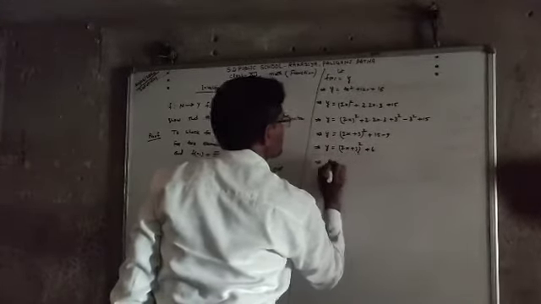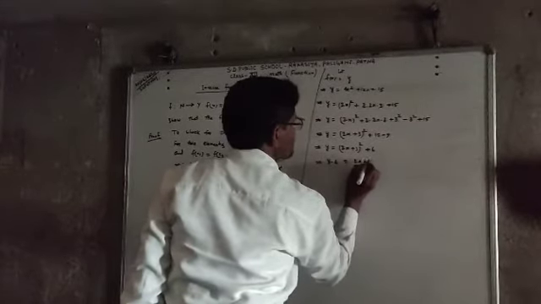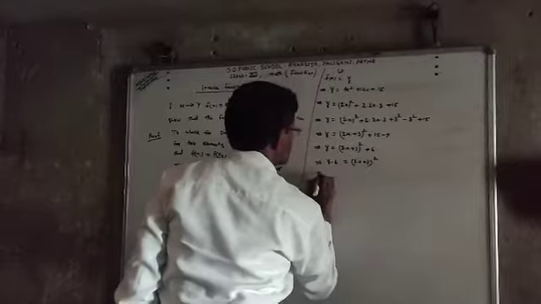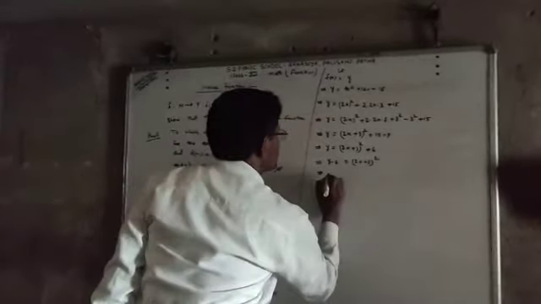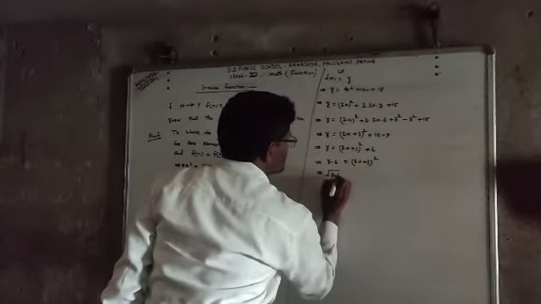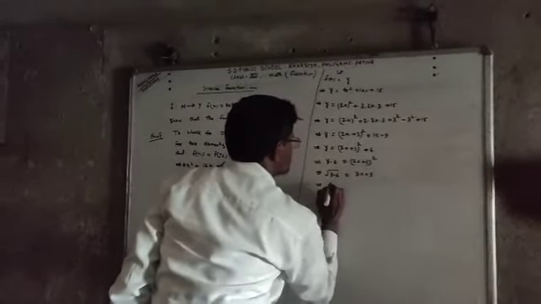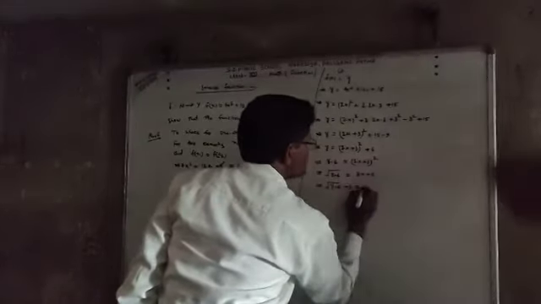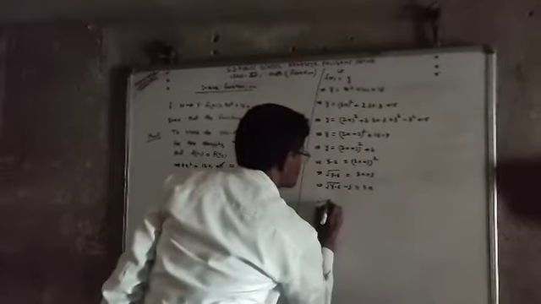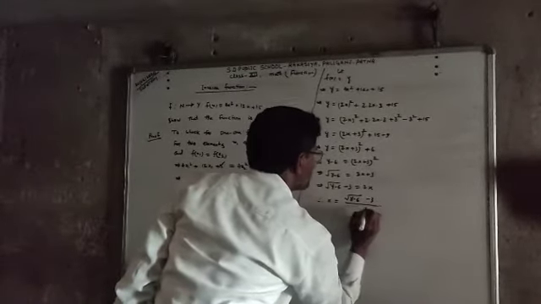This implies y minus 6 is equal to (2x plus 3) whole squared. Taking the square root, root under y minus 6 will be equal to 2x plus 3. Hence, root y minus 6 minus 3 is equal to 2x. Then x will be equal to (root under y minus 6 minus 3) upon 2.